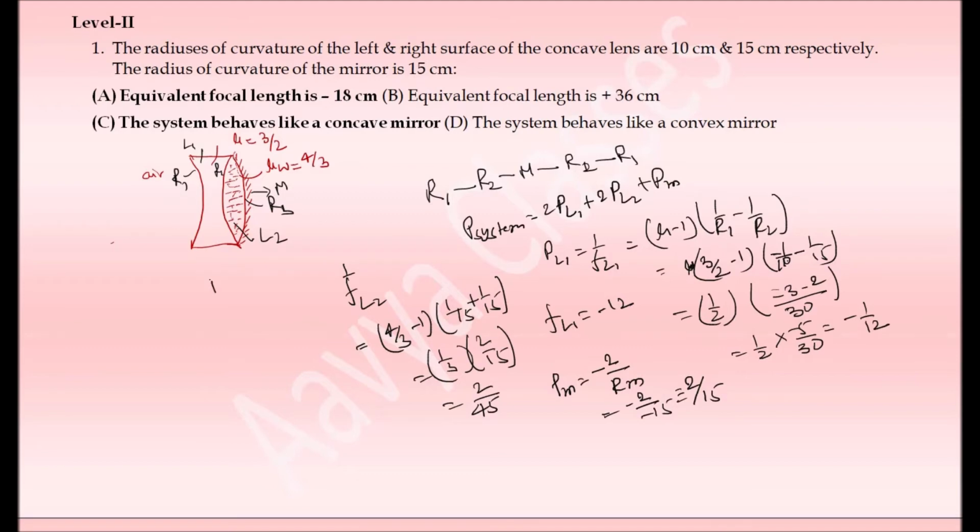So clearly P system is equal to twice into 1 by FL1, that is minus 1 by 12, plus twice into 2 by 45 plus 2 by 15, and it is equal to minus 1 by 6 plus 4 by 45 plus 2 by 15.